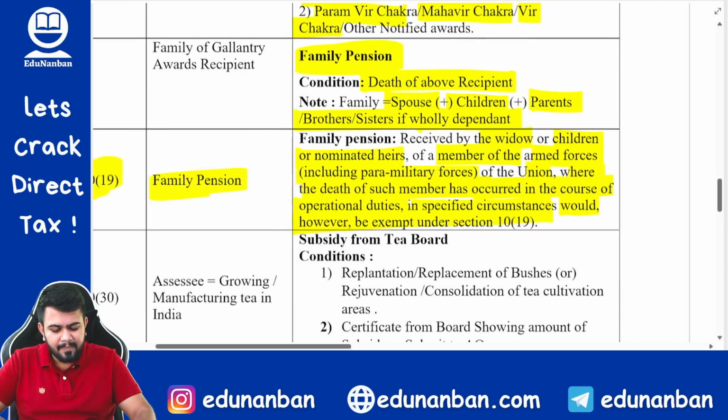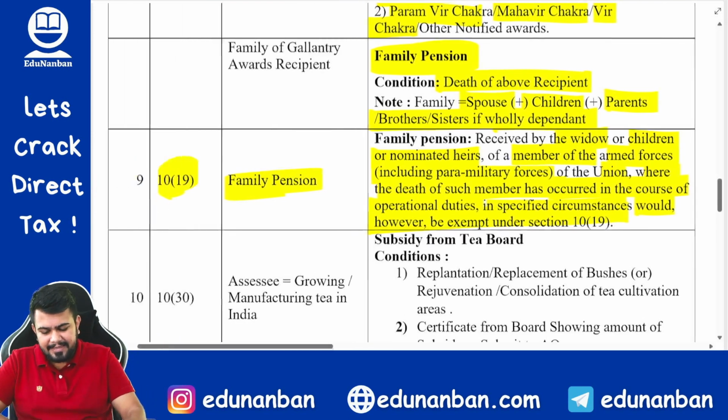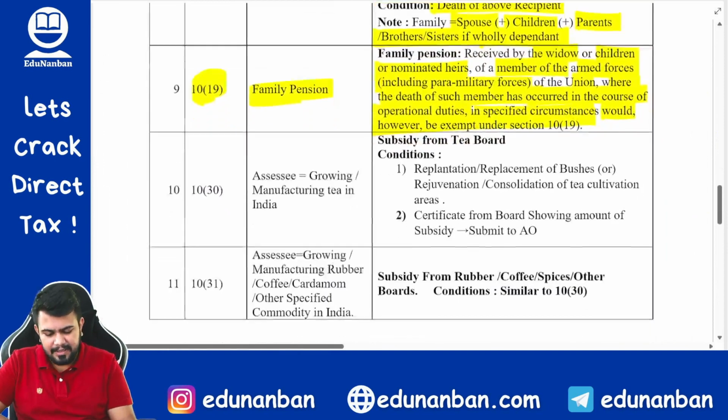So what is given? If a person was recruited under armed forces or paramilitary forces and on duty, if they lost their life, then if their widow or children or nominated heir are receiving the pension, that is completely exempt under section 10 clause 19.